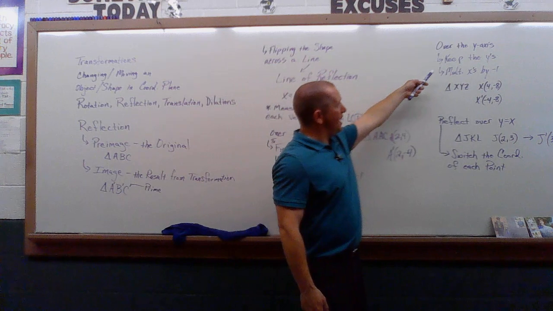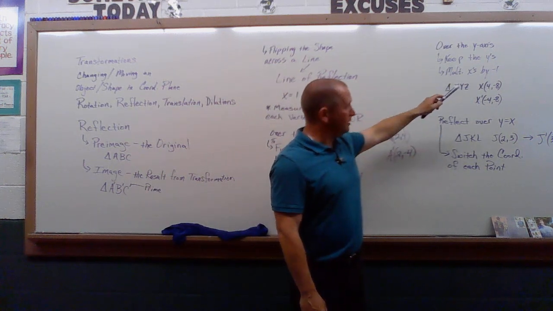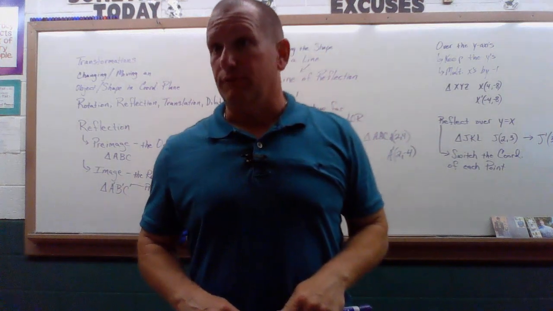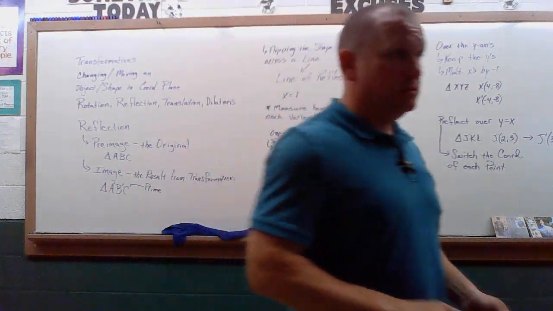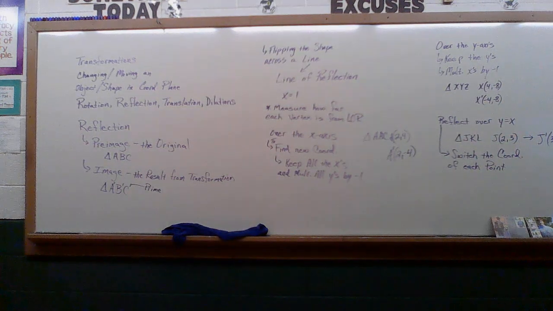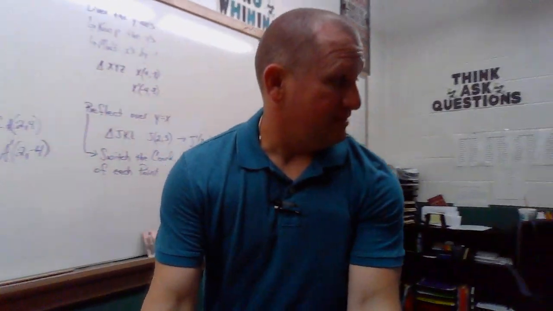If I do it over the y, same thing, but the opposite. And then if I do it over that y equals x, I just flip my coordinates. Okay? Think you can handle that? All right, that's it. Let's look at a couple.